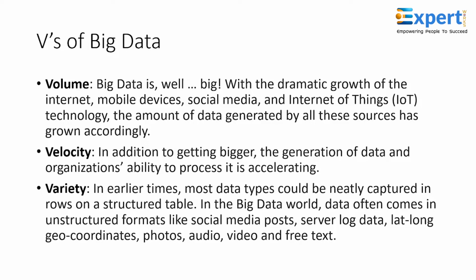Then the variety of data, meaning different types of data. Say there are photos on Instagram, texts, statuses, tweets going on Twitter, backend server data, geo coordinates, geographical data.